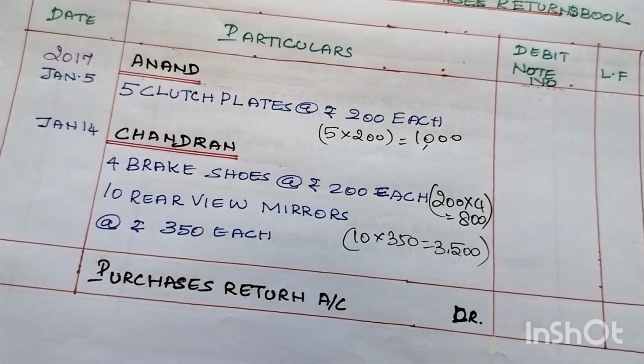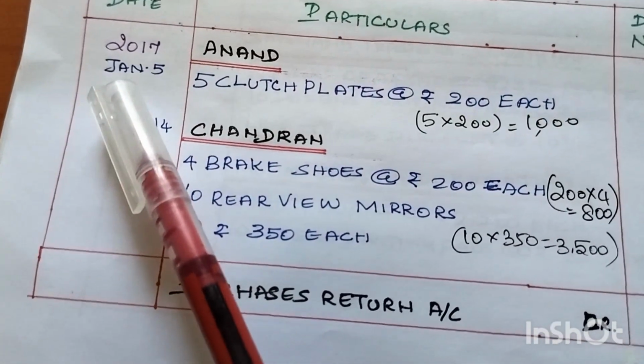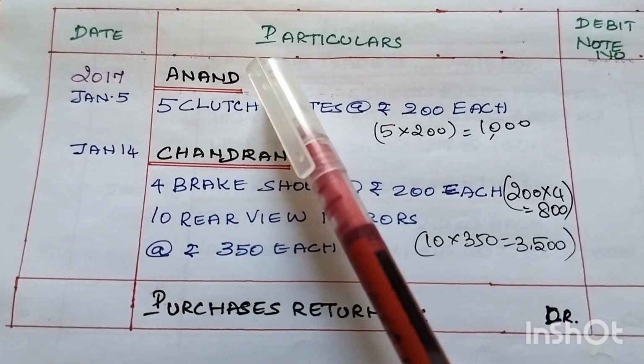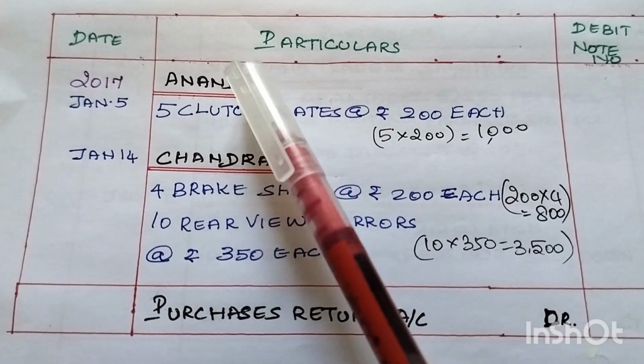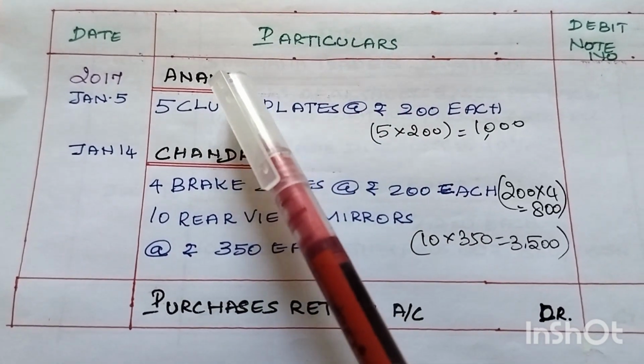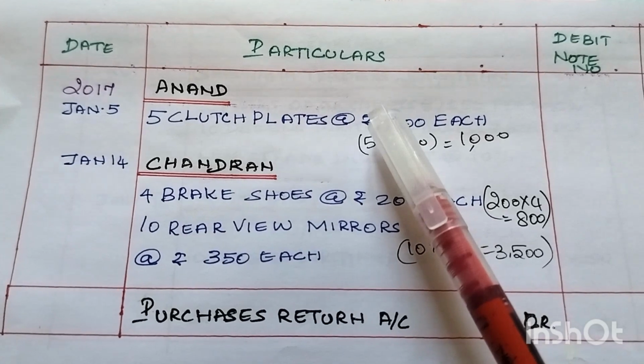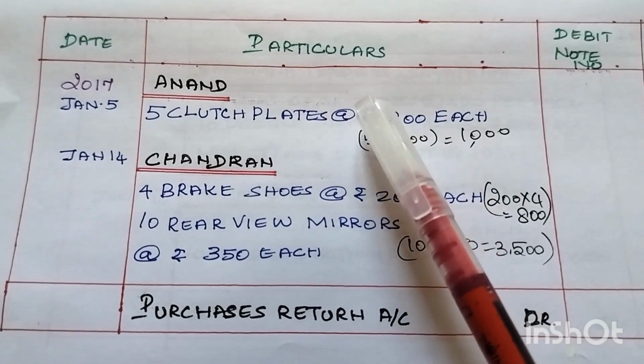So come to the purchases return book dated on 2017 January 5. What is the name of the supplier? Anand. We have to enter the supplier name and the goods and rate details of the goods into the particulars column.